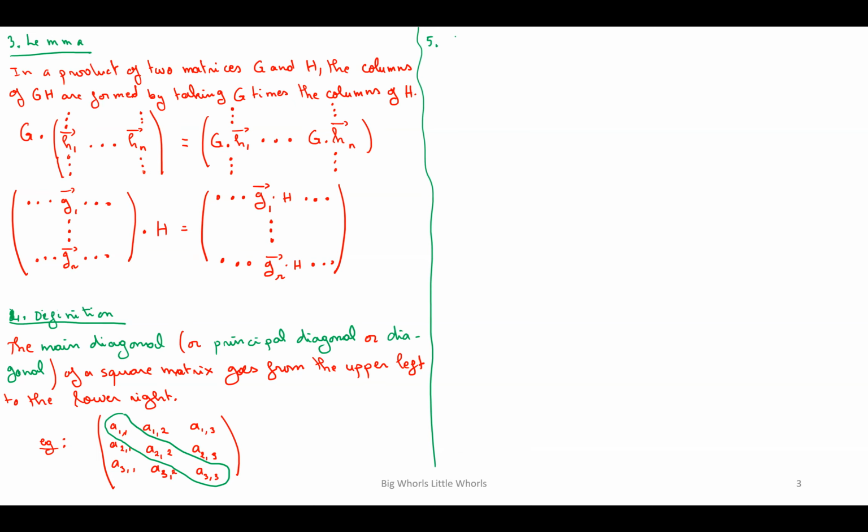Okay, so let's continue. Number 5, have a look at the identity matrix.